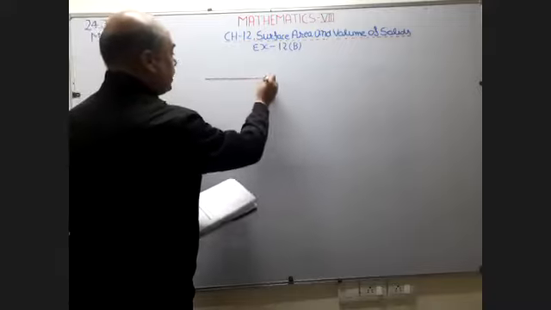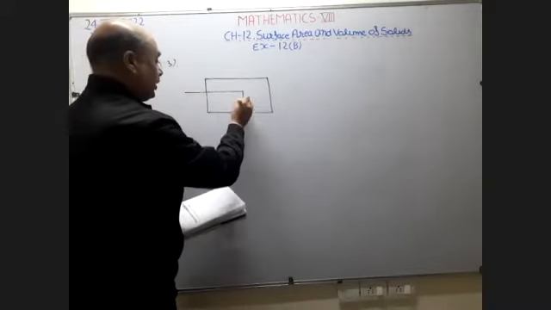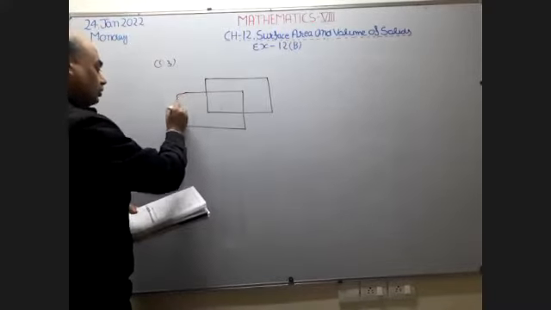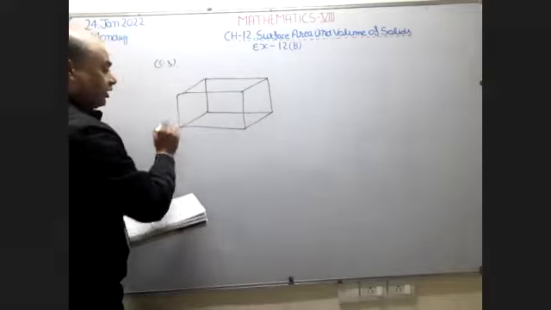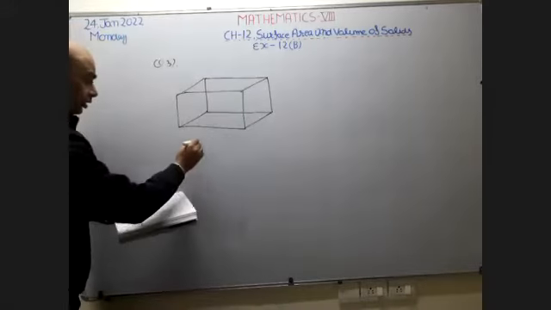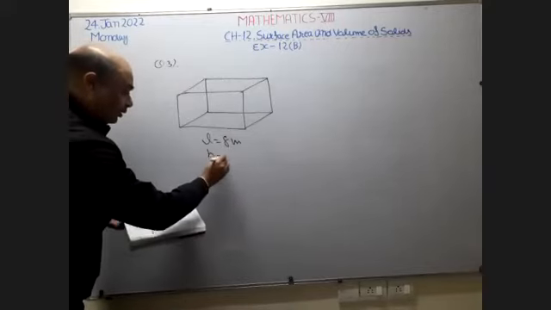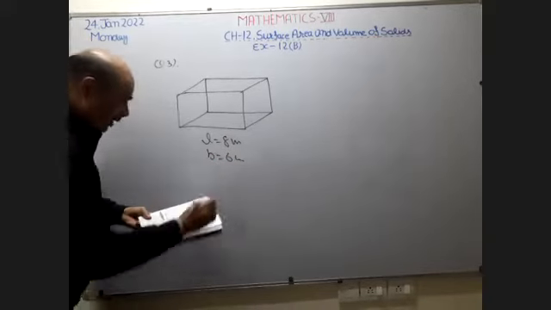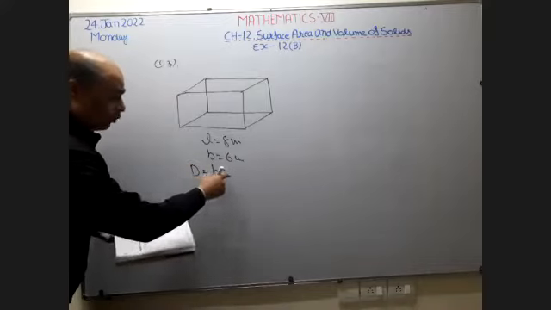The shape of this tank is cuboid. The dimensions of this tank are given: length 8 meter, breadth 6 meter. Height or depth, both are the same.